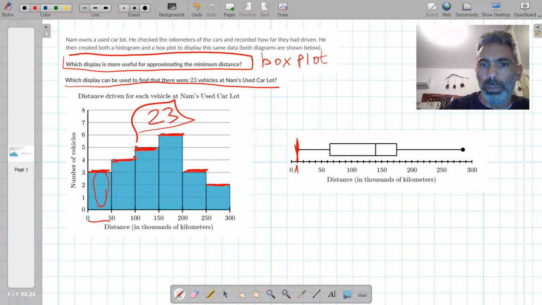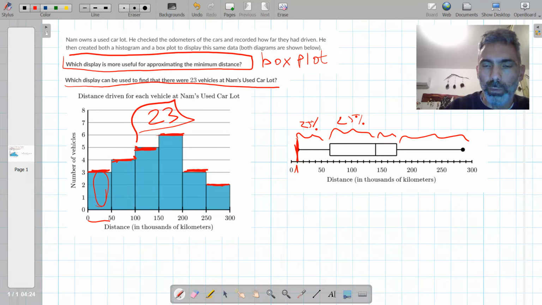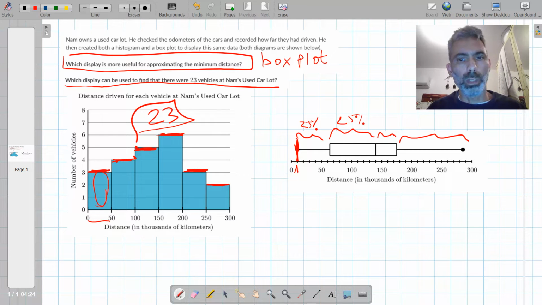As for the box plot, we don't know how many data points we have here. We know that there are 25% of the data represented in the first quartile, 25% in the second quartile, and so on. This is the third quartile, and this is the fourth quartile, but we don't know how many data points we have in each of the quartiles.